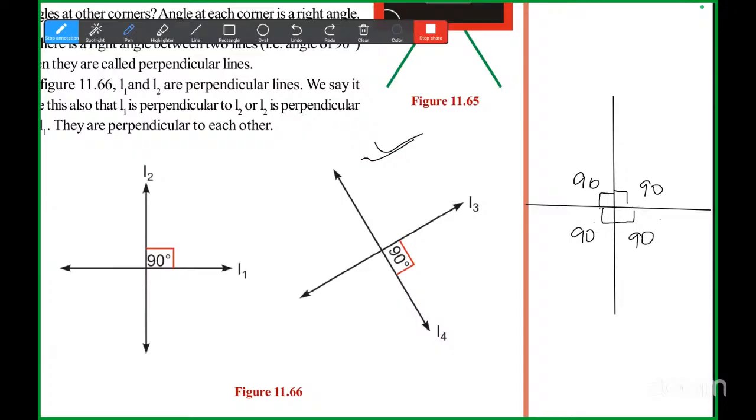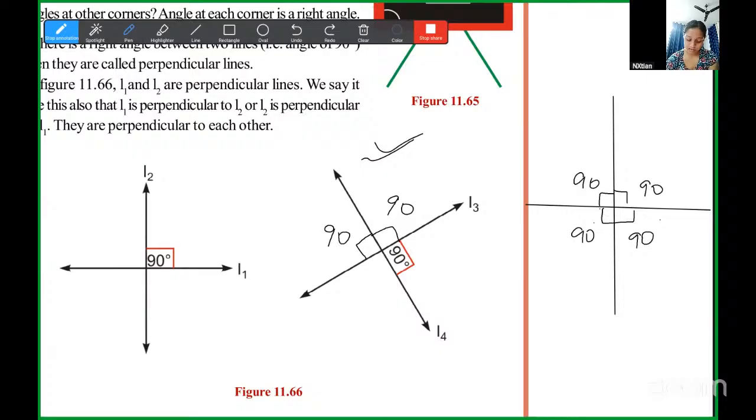If two straight lines are cutting each other, it will make 90 degree angles: here 90, here 90, 90, and 90.